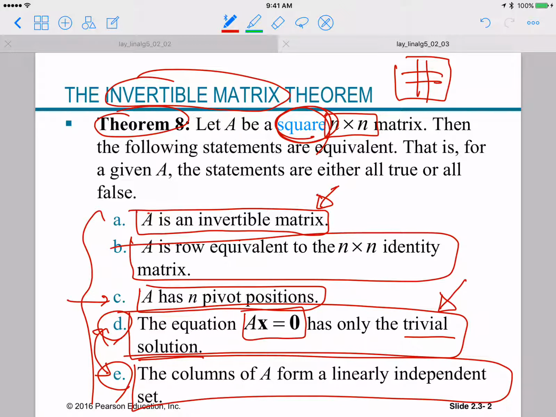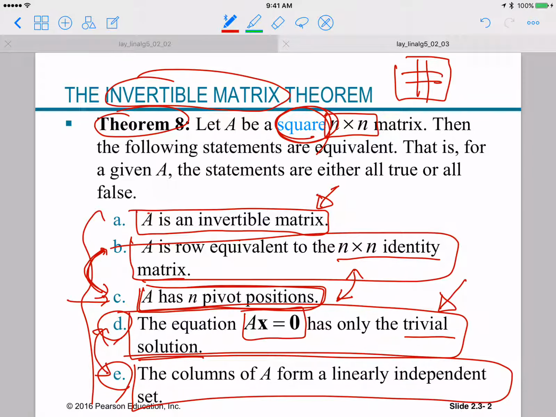So B and C are the same thing. A has the reduced echelon form of an identity matrix, and that means it has a pivot in every column or row, right? And so B and C are the same thing, and B and C are also the same thing as the previously discussed two groups. At least every row has a pivot and every column has to have a pivot, right?